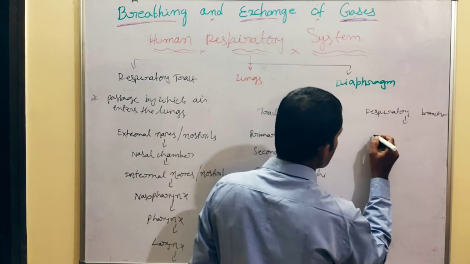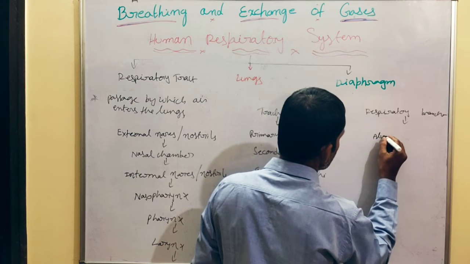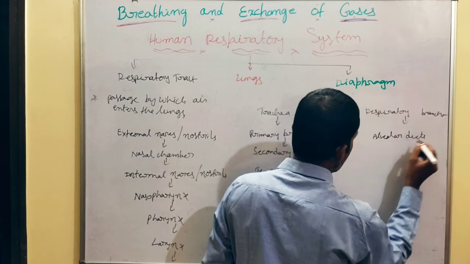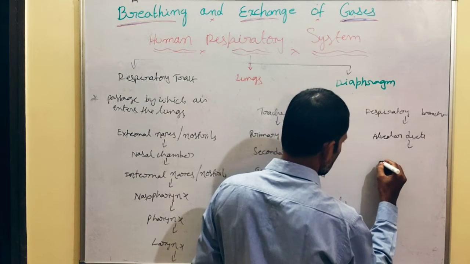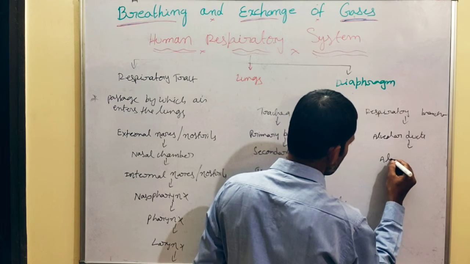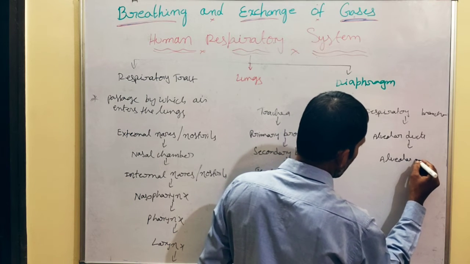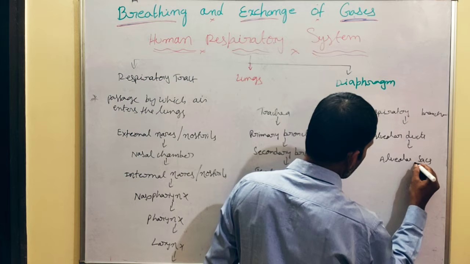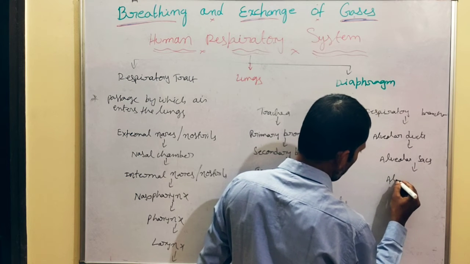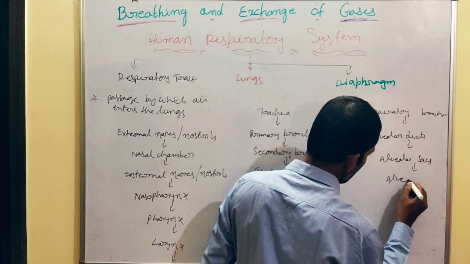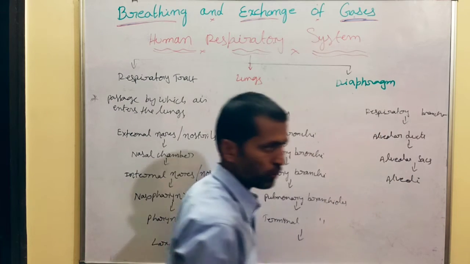So afterwards alveolar ducts. Afterwards alveolar sacs. Finally alveoli.